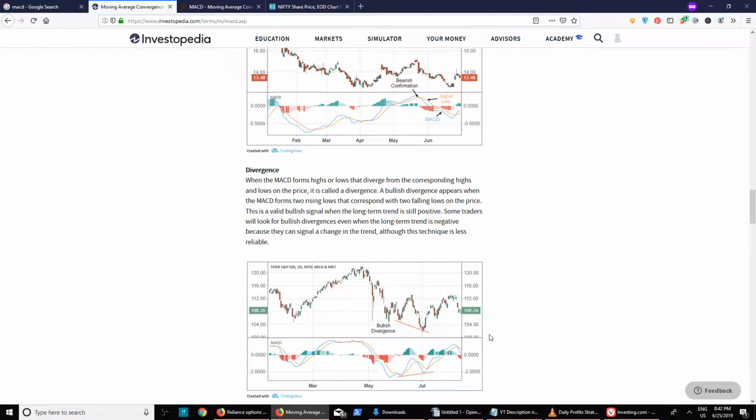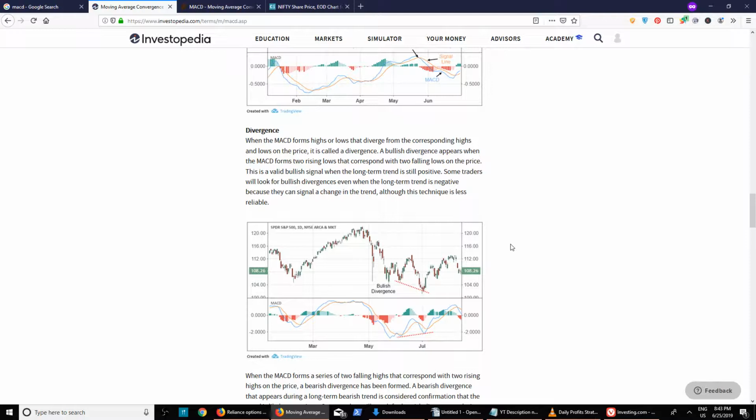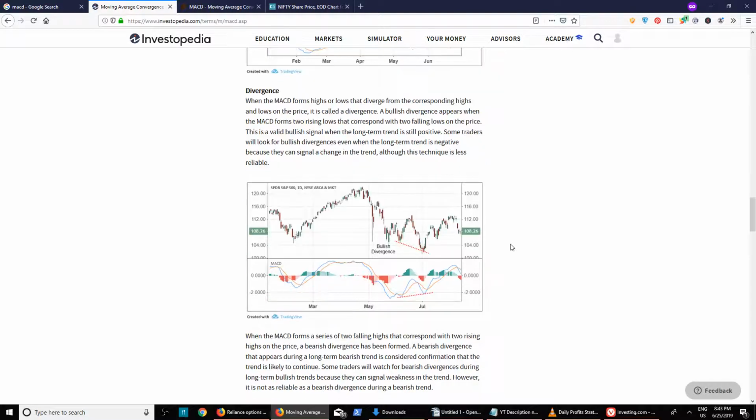Even though it's known as a leading indicator, there could be places where it could give you a false signal. But again, as I told you, it does give, and that's how your zero line should be considered as a stop loss. Now, divergence: when the MACD forms highs or lows that diverge from the corresponding highs and lows on the price, it is known as divergence.